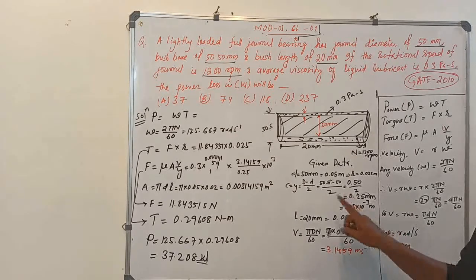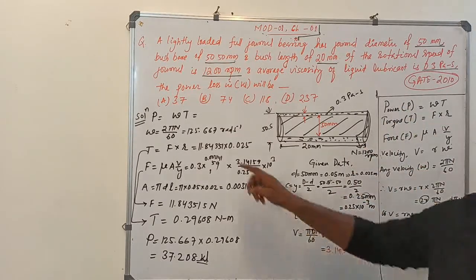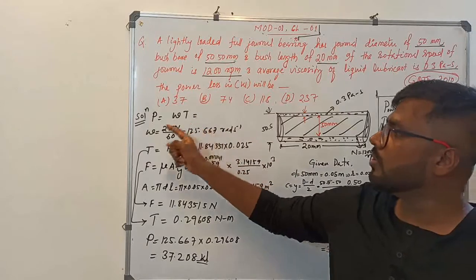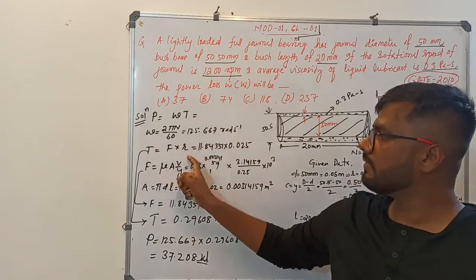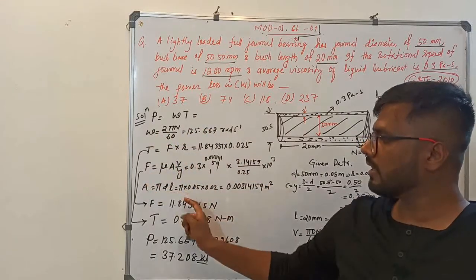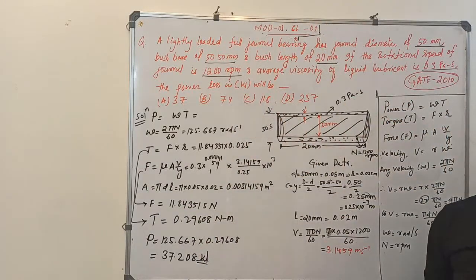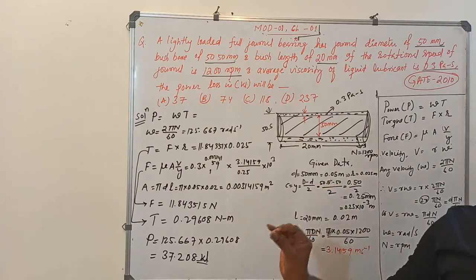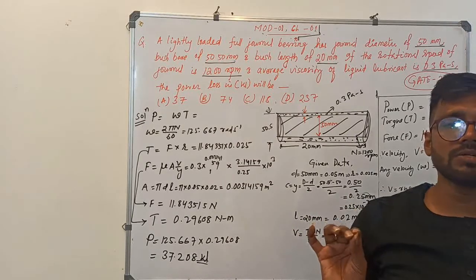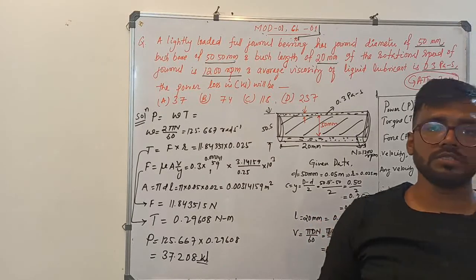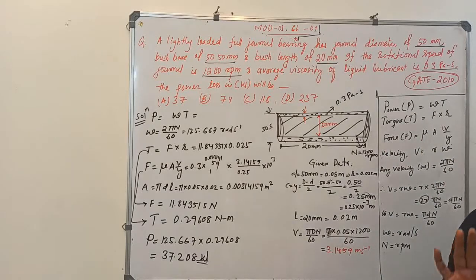Then we use this formula and calculated power, omega into T, T is F into R, F is mu A V by y. This is known as backward substitution method. See why this becomes very important here. In GATE, this is a 2-mark question. As it is a 2-mark question, you have around 3.6 minutes to solve this problem.